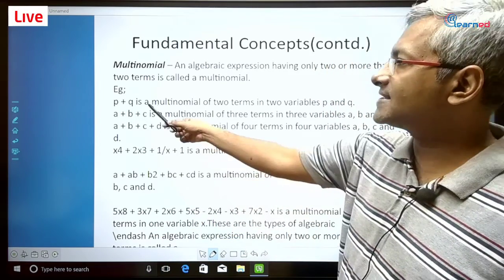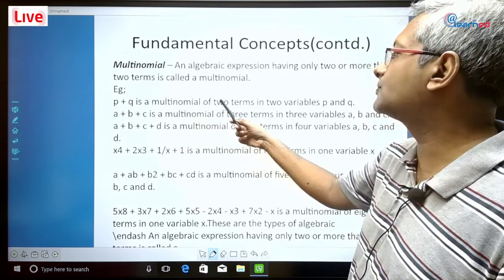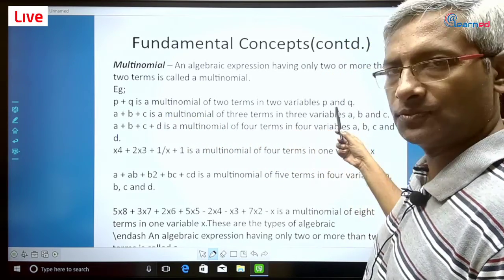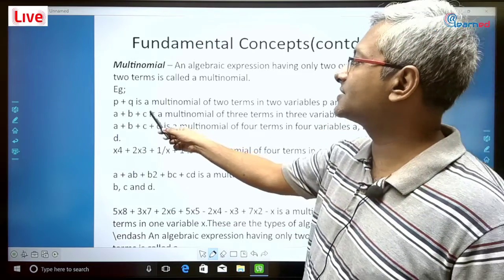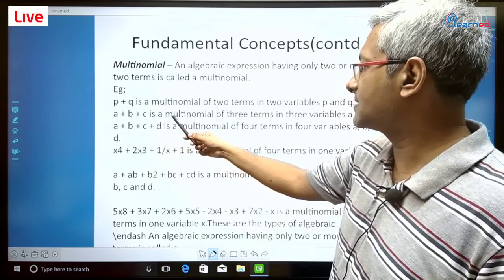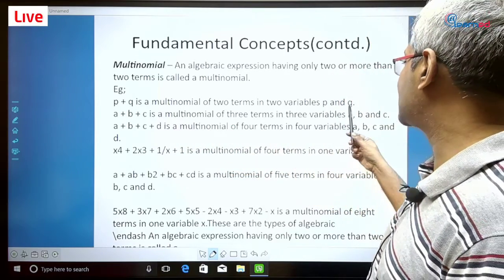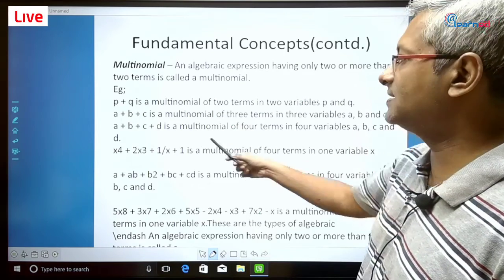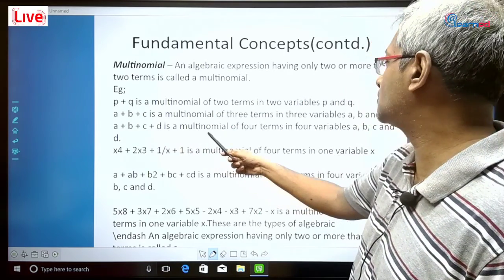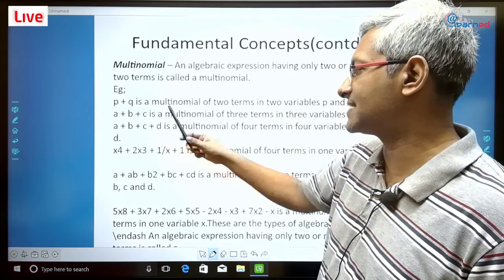So p plus q is a binomial, but we can say it's a multinomial of two terms, p and q. A plus b plus c is a trinomial, but we can call it a multinomial in three variables a, b and c. This is a multinomial of four terms, four variables, a plus b plus c plus d.